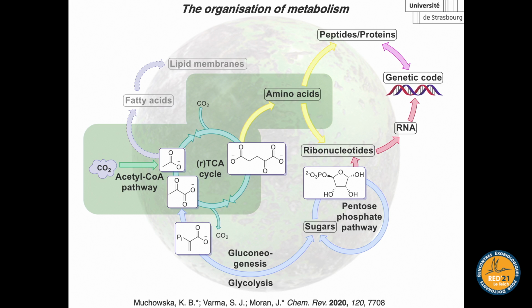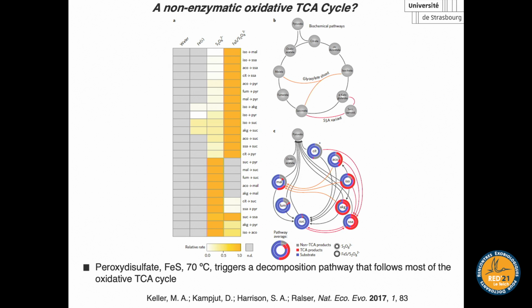So where do they actually fit in the big picture? This has actually been achieved by another scientist. In a study by Markus Ralser and co-workers, it is shown that the oxidative Krebs cycle, the one that breaks down biomolecules to obtain energy, can be promoted by peroxydisulfate under very familiar conditions.